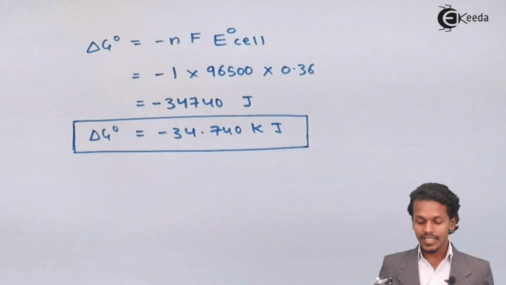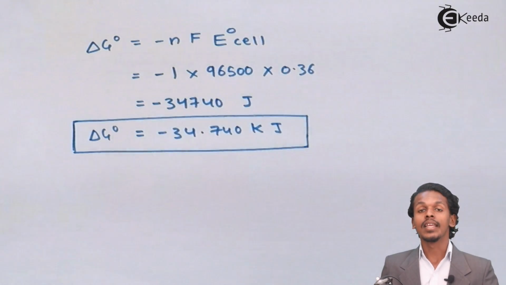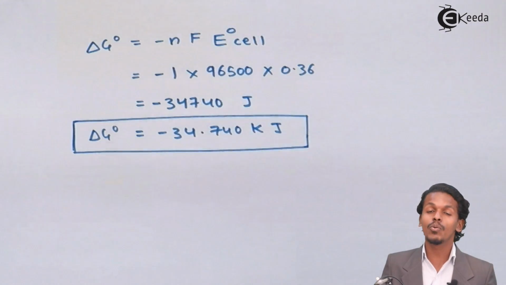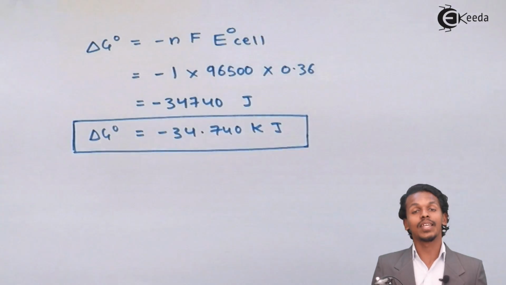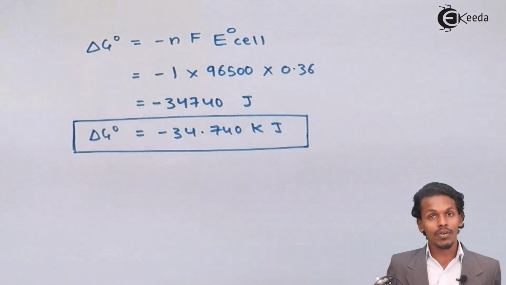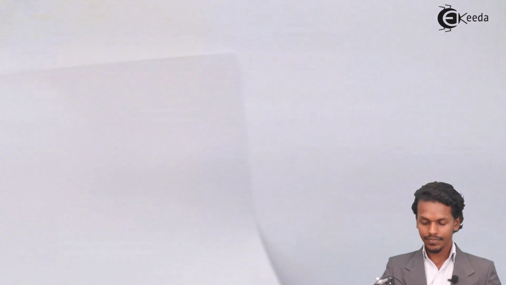But this is not the one that we have to find out ultimately. We have to calculate the equilibrium constant. The equilibrium constant has a relation with E naught cell also. So let us see how we can calculate that. We know that at equilibrium E cell is 0.